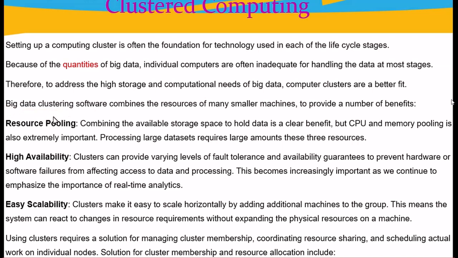So there are some characteristics of cluster computing. There are many types of cluster computing, but today we are going to see especially the cluster computing that is used in Hadoop. A cluster consists of a single master node and multiple worker nodes or data nodes, and the master node contains a name node or job tracker.